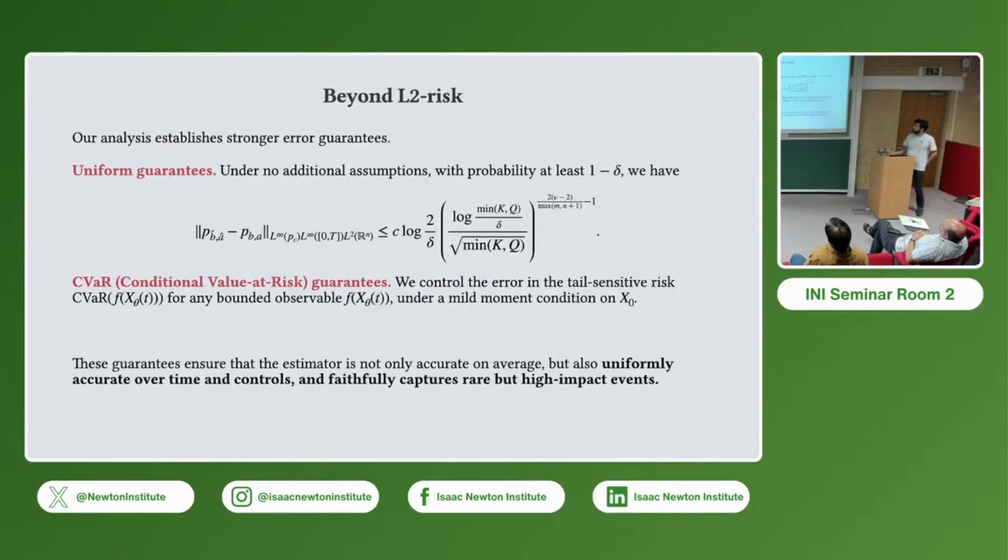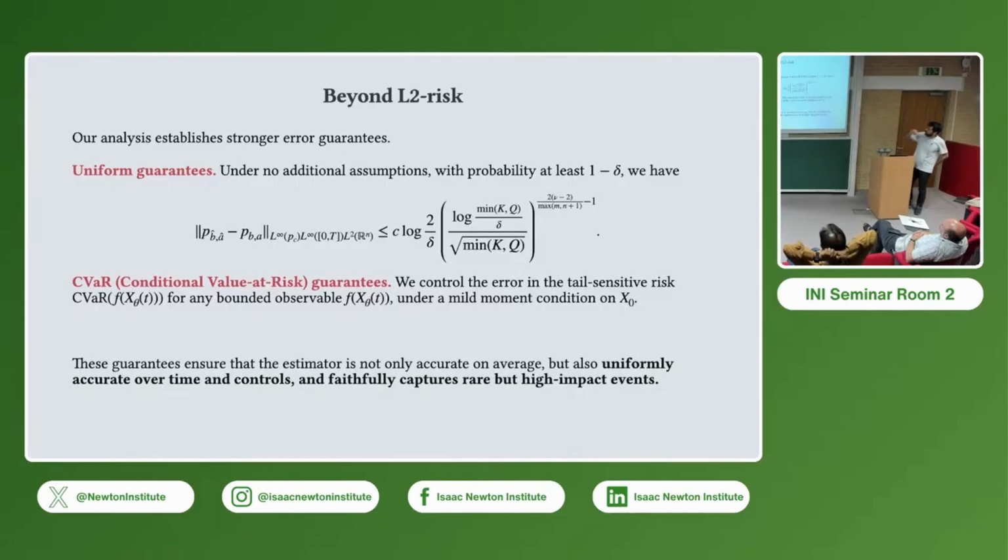We also wanted to derive stronger norm results in this work. And so there are two we consider. The first one is uniform guarantees. We didn't want average guarantees over the space of controls, because in practice, what you want is to choose one control and ensure that the accuracy of your estimated system is good, not just in average, because it's allowed to have some controls with very bad accuracy.